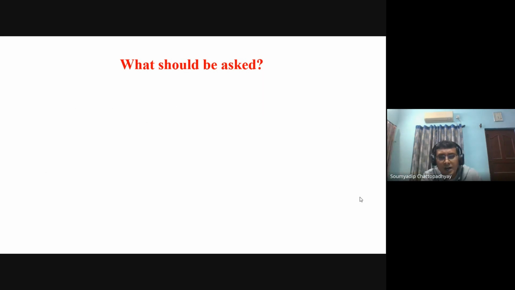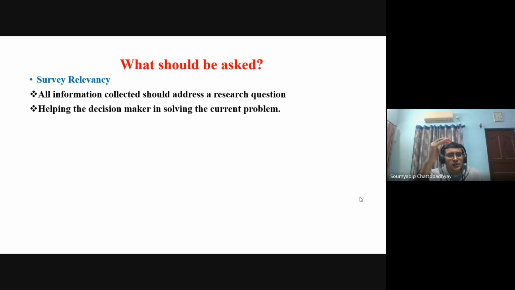Regarding what should be asked, there are certain aspects on which we need to focus. First, we need to seriously consider survey relevancy. All the information collected should address a research question. In many cases, there is a tendency to collect a lot of information, but after collecting the data, we have found that some of it is not at all relevant.